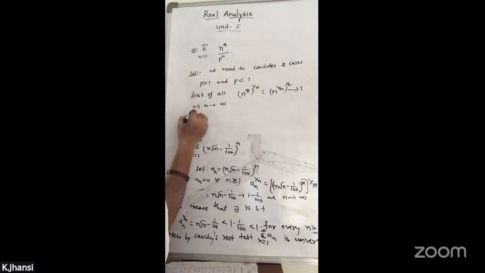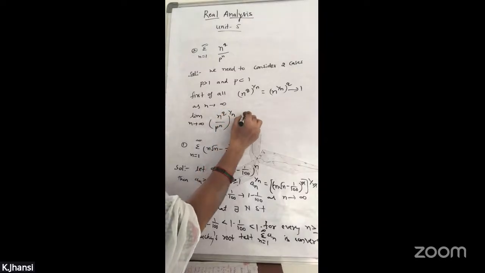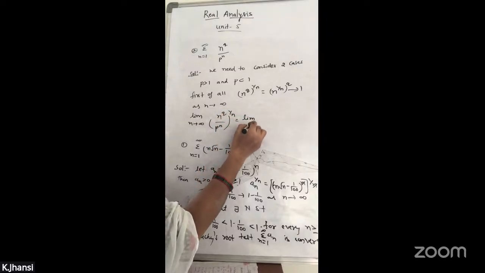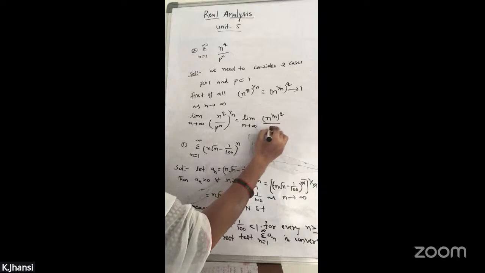So we know from the formula, limit n tends to infinity of a n to the power of 1 by n. Cauchy's root test means n to the power of q by p to the power of n, whole to the power of 1 by n, is equal to limit n tends to infinity n to the power of 1 by n to the power of q by p to the power of n into 1 by n.